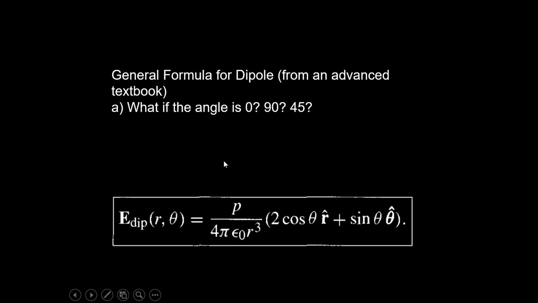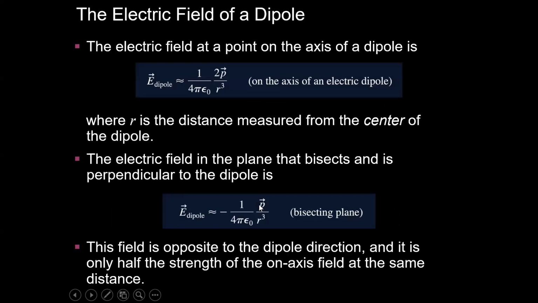That r hat is still the vector that points radially away, but theta hat is a vector that points perpendicular to r hat, and you just have to be careful with what that actually means. But if you put the right angles in here, you can recover both of these formulas. So that's a brief intro to calculating the electric fields of different discrete charge distributions.